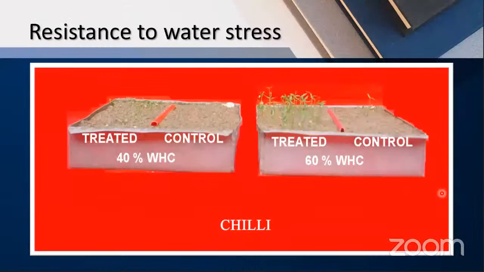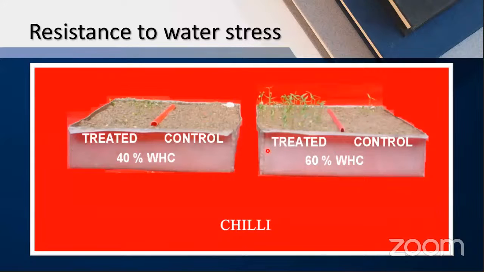Okay. So you can see this, that is temperature, this is water stress. It's very important for our own region, where we have this gambling of monsoon. So this is chilli seeds, the same tray, you have the primed seeds performing. You can see a few seedlings over here. Here it is control. No seed has managed to emerge.